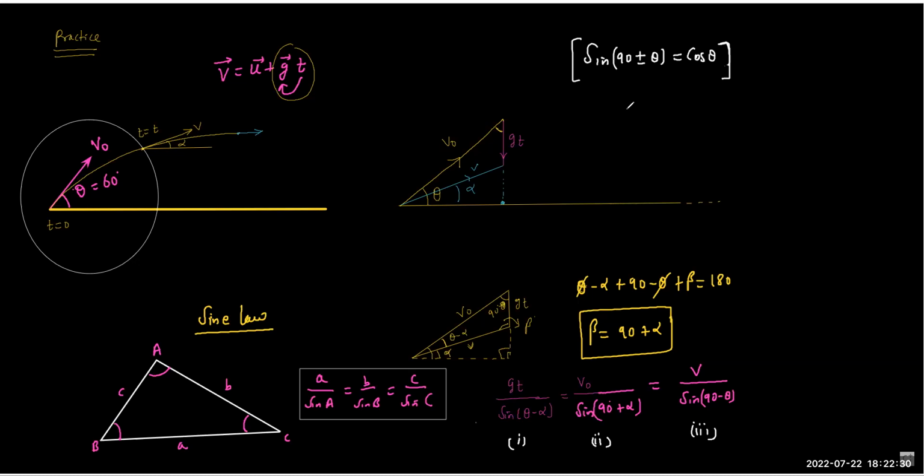So anyway, now this will simplify my relation further. I'm going to use the next page. So using 1 and 2, gt upon sine theta minus alpha equals v naught upon cos alpha.